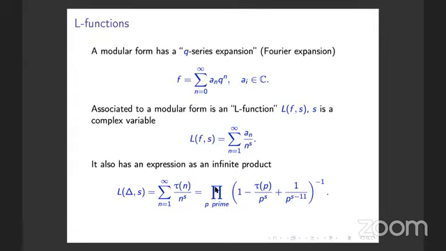And you can also exhibit it as an infinite product over primes, of 1 minus tau(p) over p to the power s, plus 1 over p to the power (2s minus 11), the whole thing raised to the negative inverse. So again, we saw this with the Riemann zeta function. You could express it as an infinite product as well as an infinite sum.